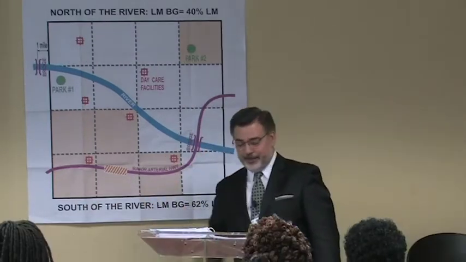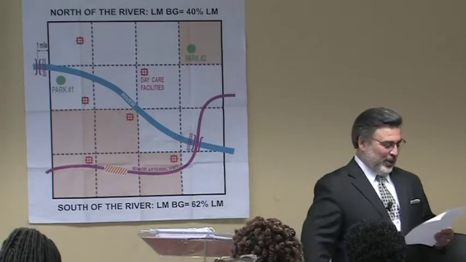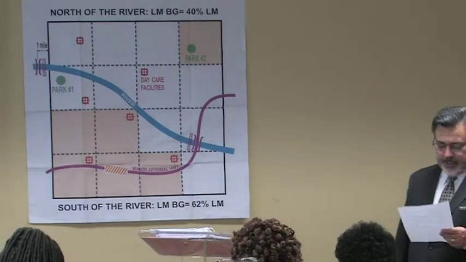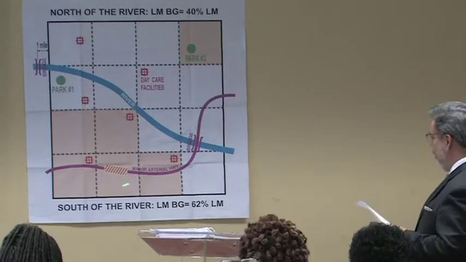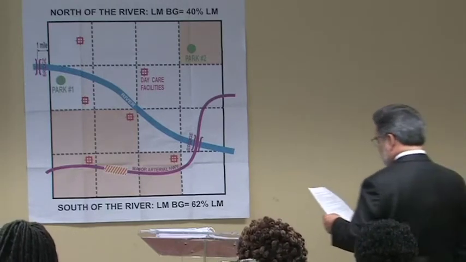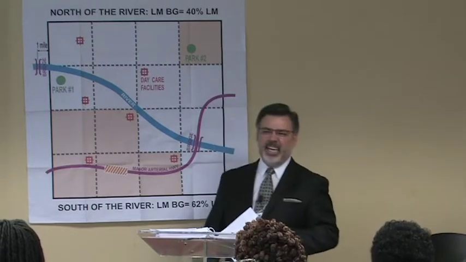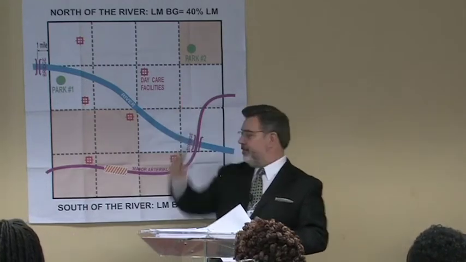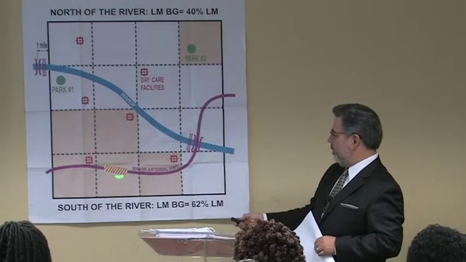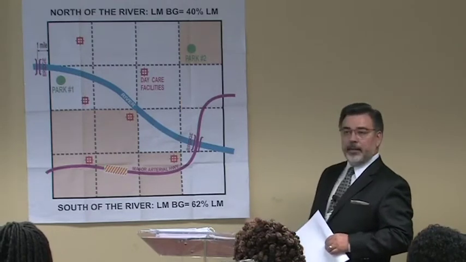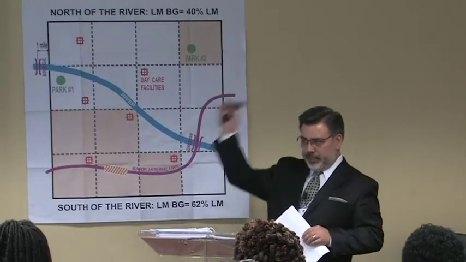Okay? Question 2. The city wants to make repairs to the major arterial highway. Is this eligible under LMA? How many say yes? It's right here, on the south side. Is it eligible? Who says yes?